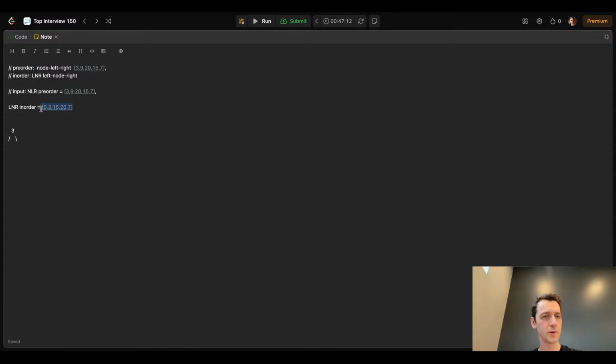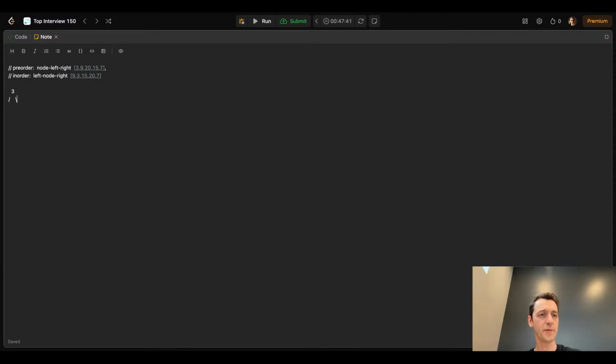This thing we need to traverse like that: left, node, right. And from here, try to build it.